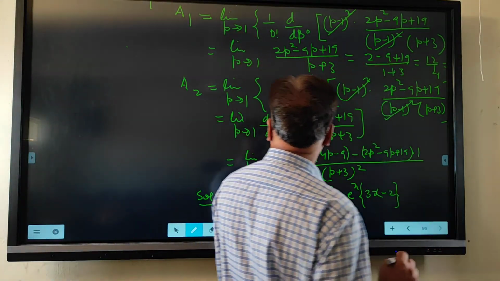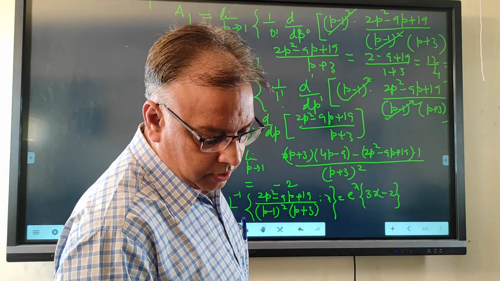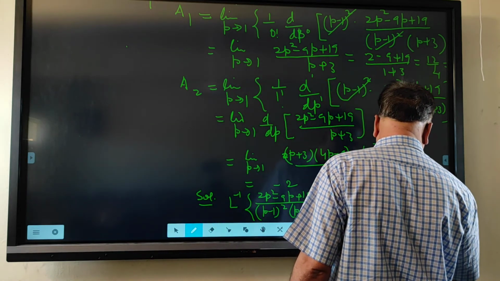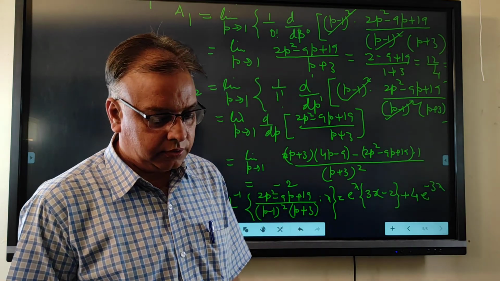We found the value of b1 as 4, so plus 4 into e raised to minus 3x.